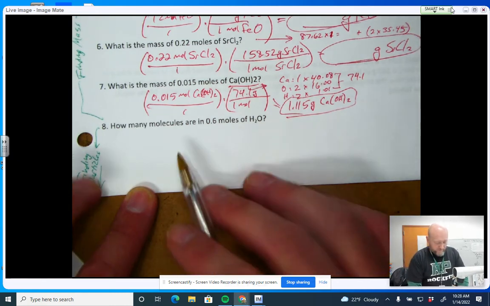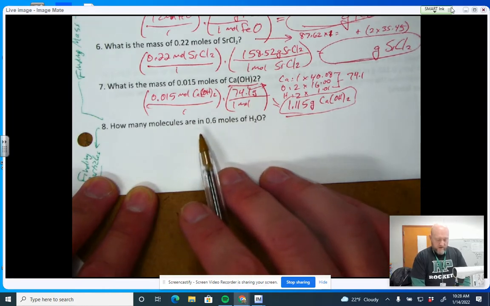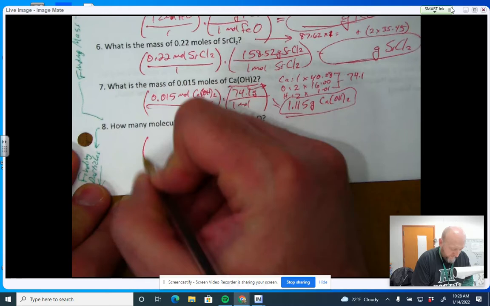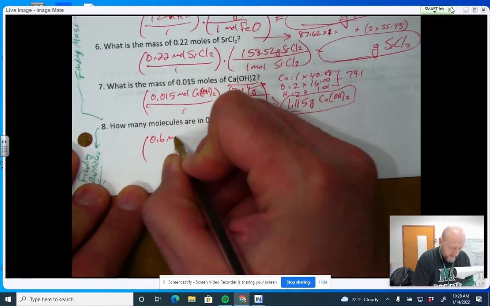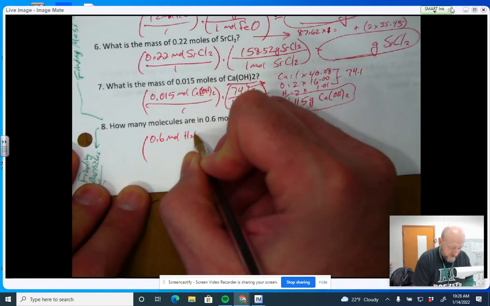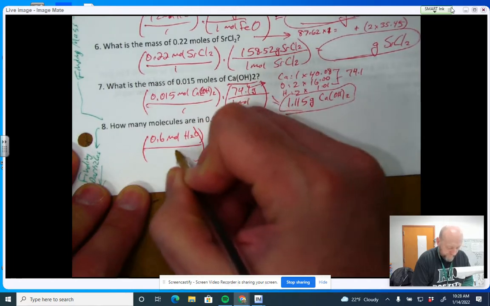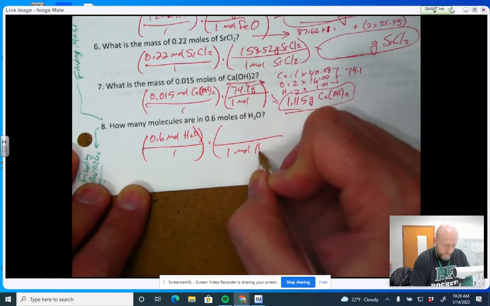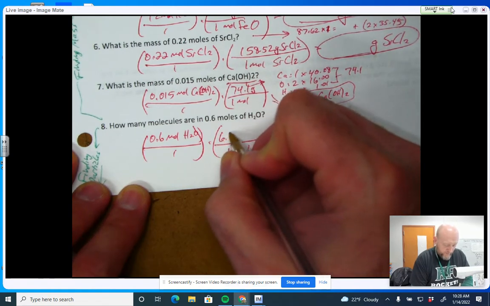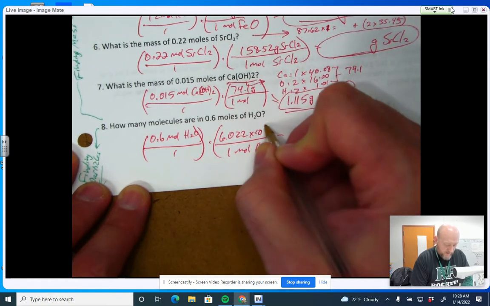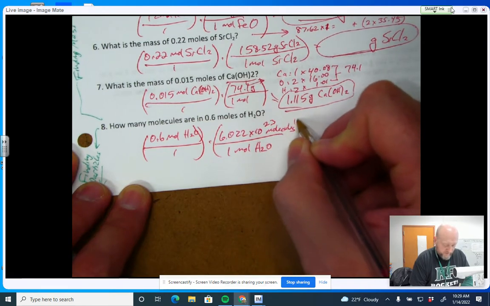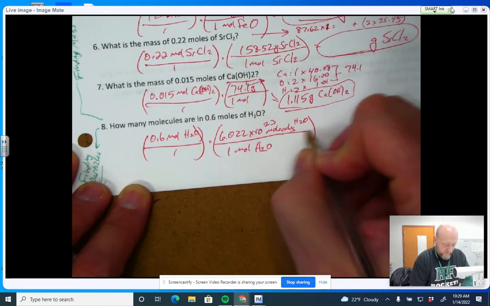So let's start with the first one. It says, how many molecules are in 0.6 moles of H2O? Well, we have 0.6 moles of H2O, and each 1 mole of H2O is 6.022 times 10 to 23 molecules of H2O.